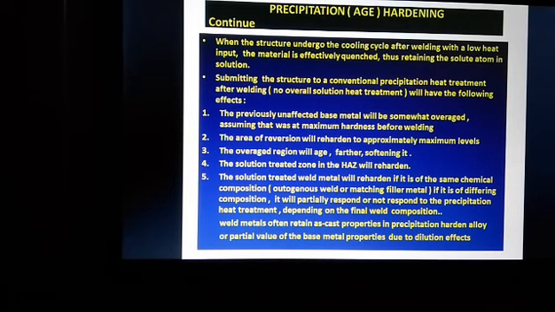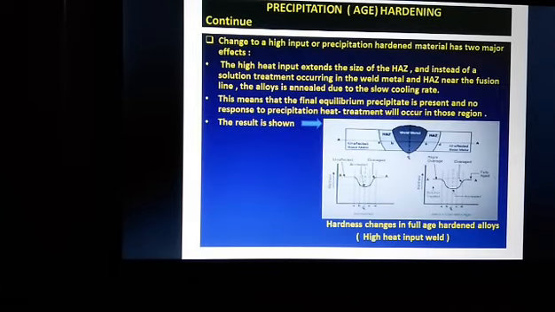Weld metal often retains as-cast properties in a precipitation hardened alloy, or a partial value of the base metal properties due to dilution effects. Changing to high heat input in precipitation hardened metal has two major effects.